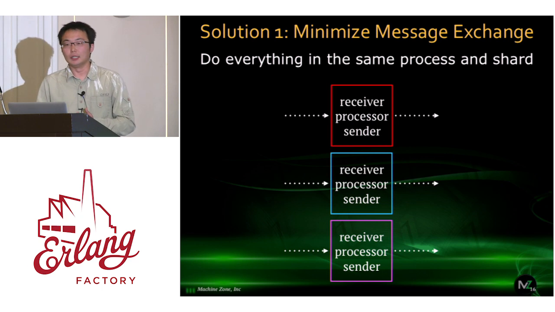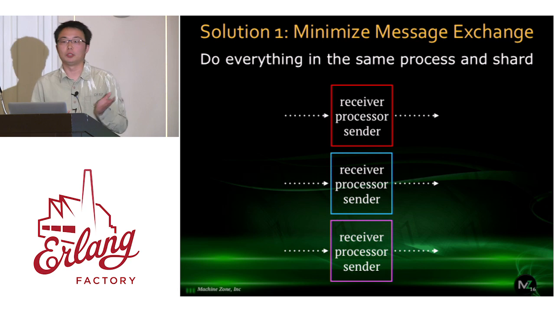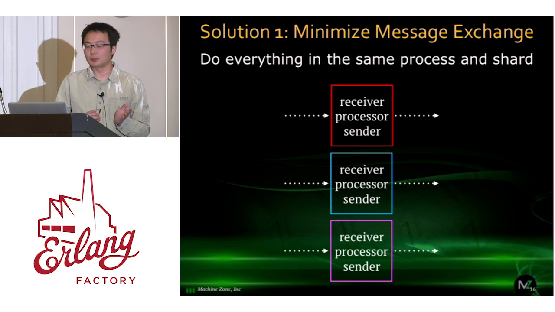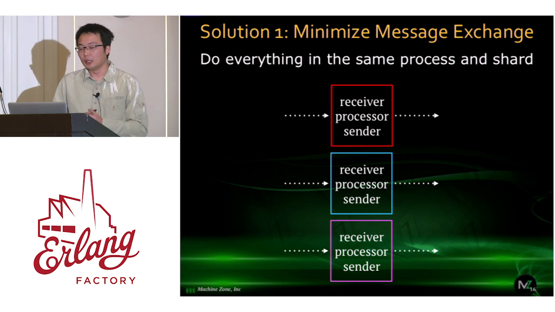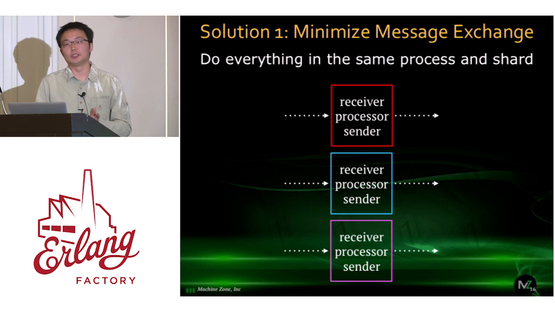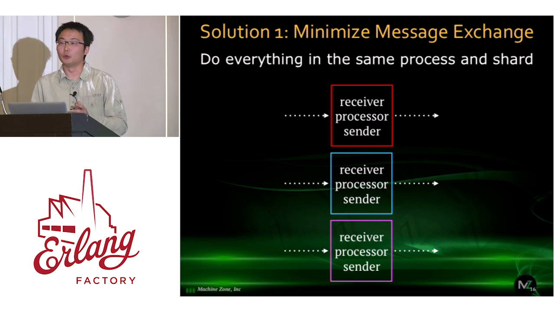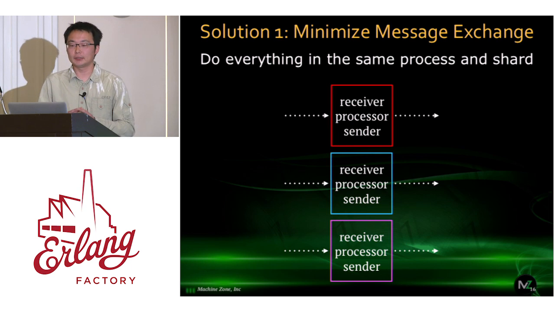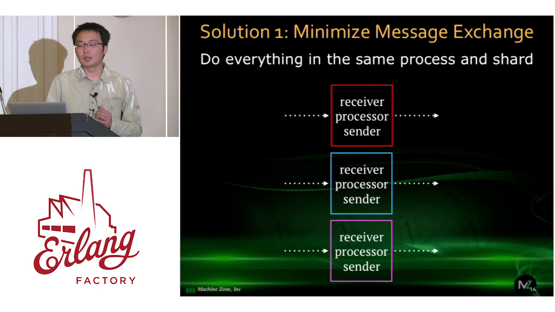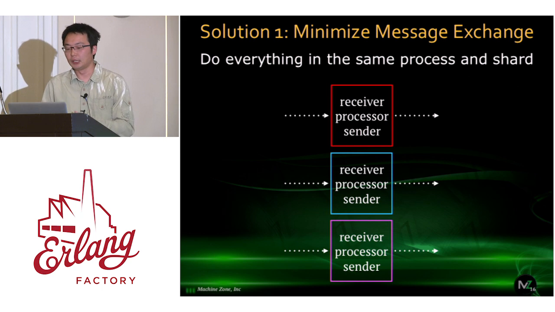For example, at first we introduced this three-stage pipeline design. What if we merge the receiver and sender into the processor, and put everything in one process, such that we don't need to pass the message from the receiver to the processor and from the processor to the sender?